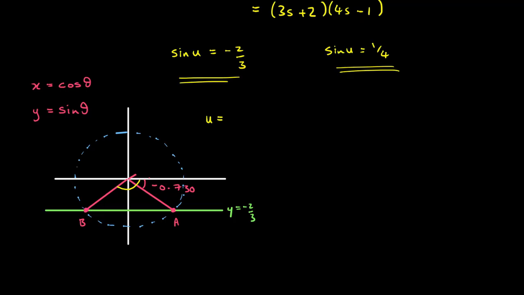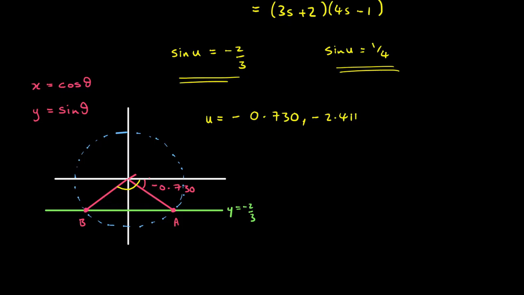So we end up with two answers. We would get negative 0.730, and I just need to use my calculator for a second. Okay, so that gives me minus 2.411, I think. All right, so those would be the two basic angles, that one there and that one there.